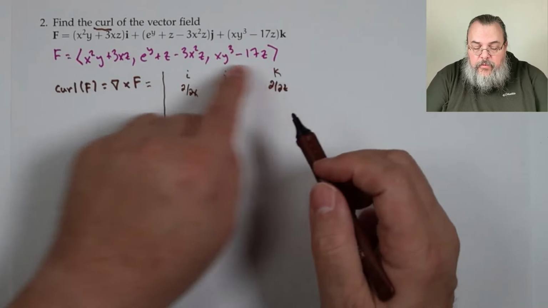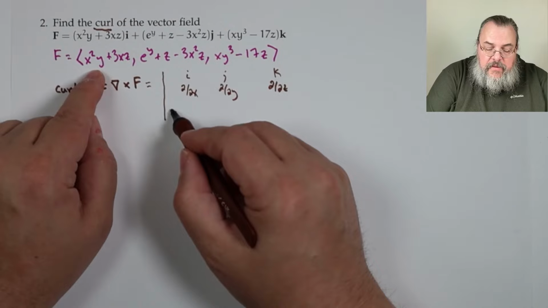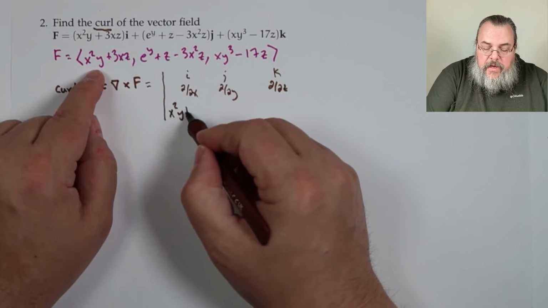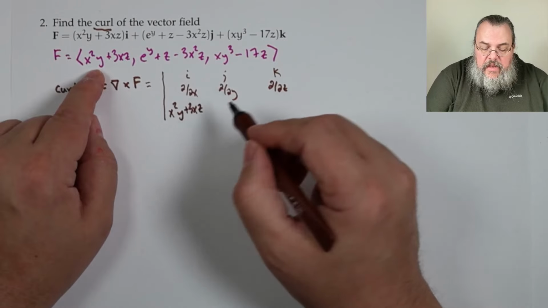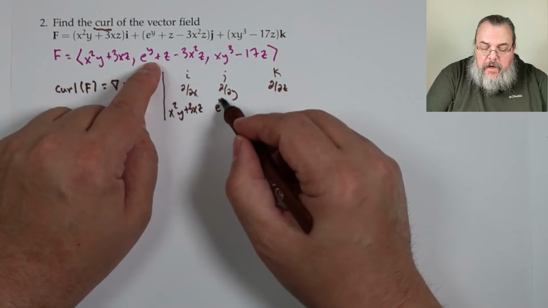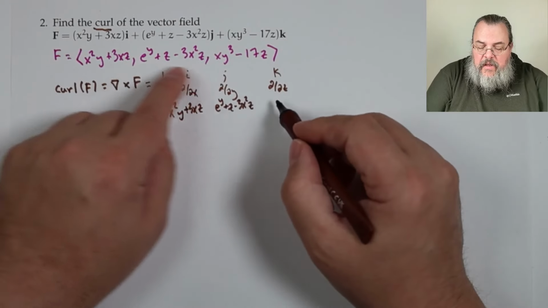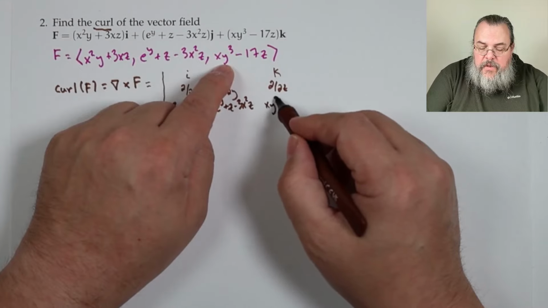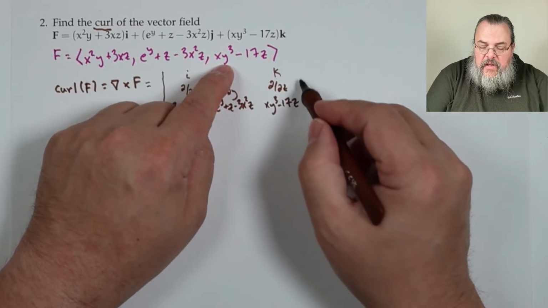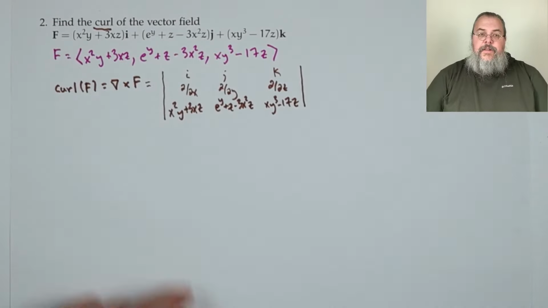Now, the last row, that's the pieces of this function. x squared y plus 3xz, e to the y plus z minus 3x squared z, and xy cubed minus 17z. All right. Good.